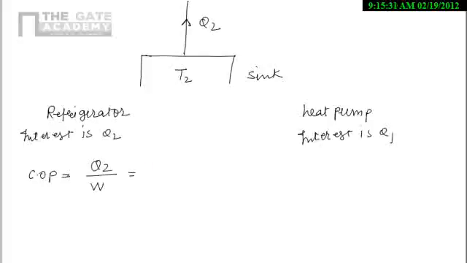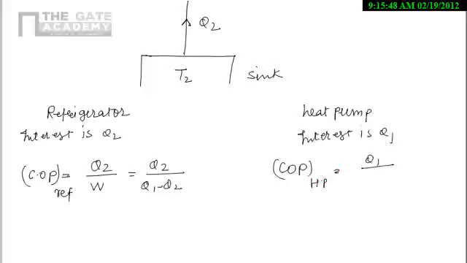Now if we write the COP, we have to consider Q2 divided by W, and we know W is Q1 minus Q2. This is the COP of refrigerator. Similarly, this one is the COP of heat pump, where our interest is Q1 divided by W, so Q1 by Q1 minus Q2.